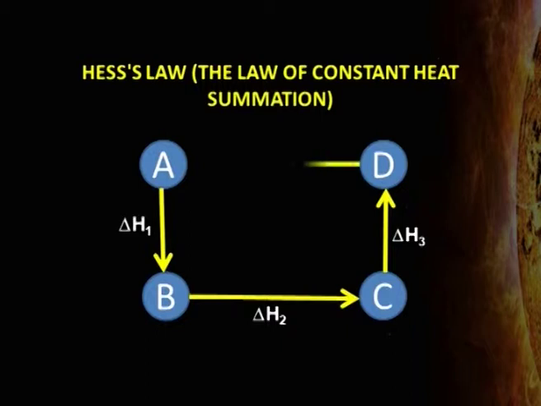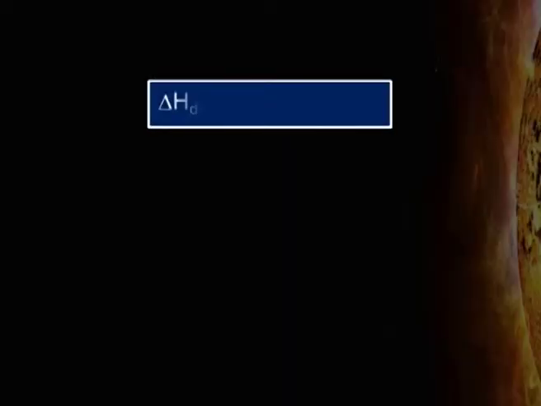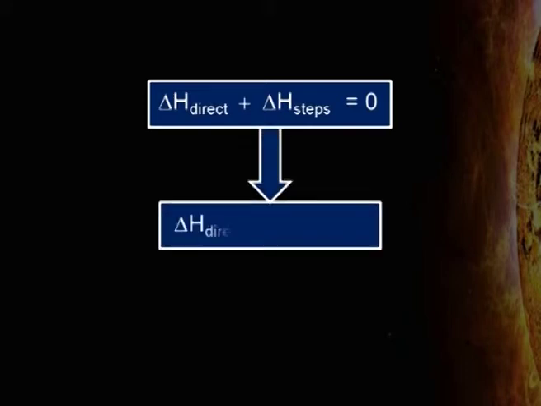Now, if D is converted back to A in a single step directly, then the heat involved in this process is taken to be equal to delta H direct. According to thermodynamics, delta H direct plus delta H steps must be equal to 0. That is, delta H direct will be equal to delta H steps with opposite sign.